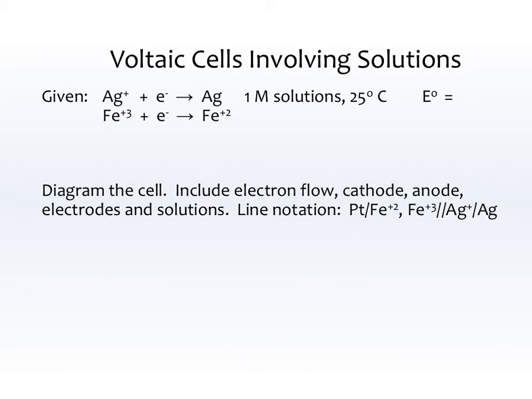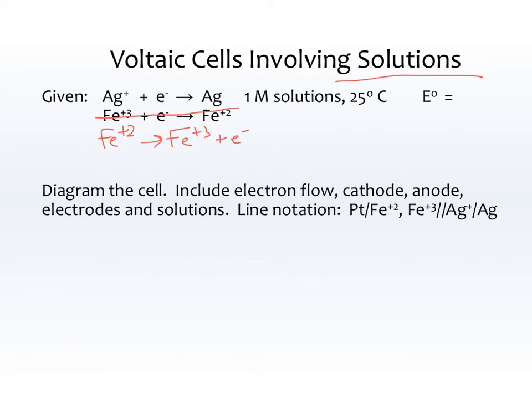What about a voltaic cell involving a solution? So we got silver and iron. These reduction reactions are written exactly from the chart, but one of them's going to have to get flipped. So notice that iron is lower down on your chart than silver is, so iron is the oxidation, not reduction. And this is asking for my E0, so I'm going to take the iron.